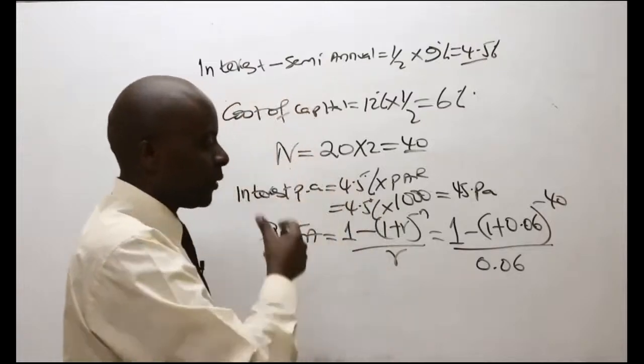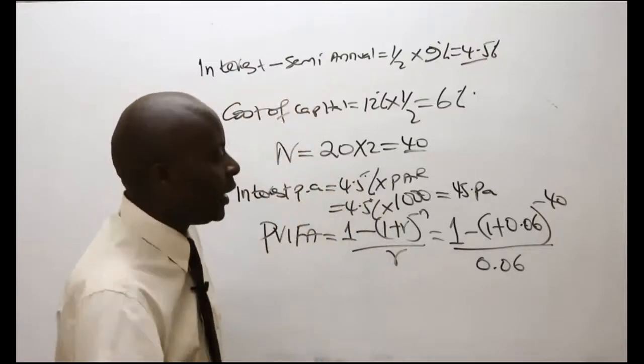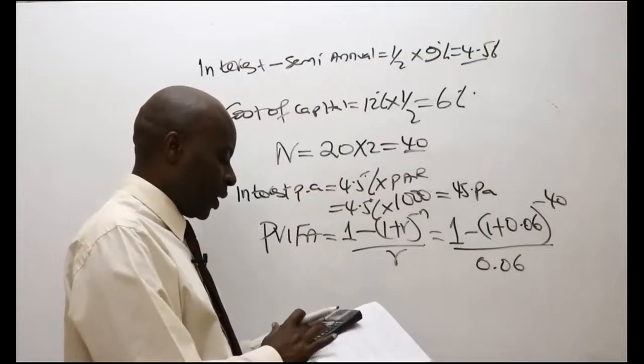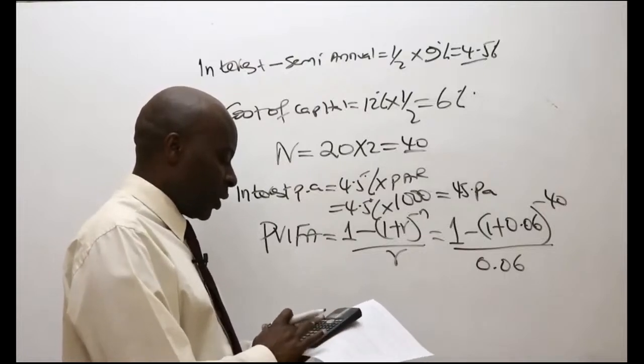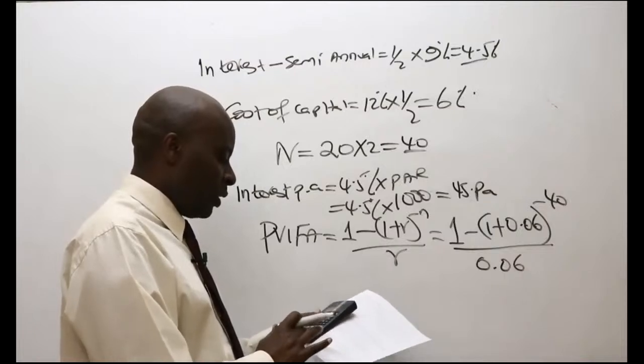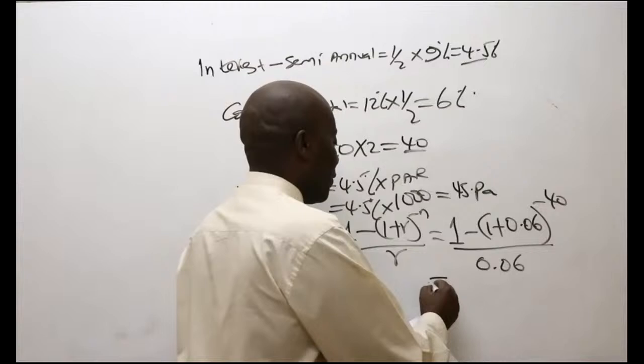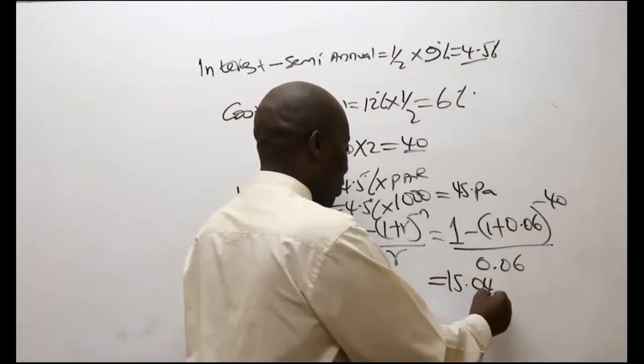So what do we have at the end of the day? 1 minus 1.06 raised to negative 40, divided by 0.06, which will give us 15.046.